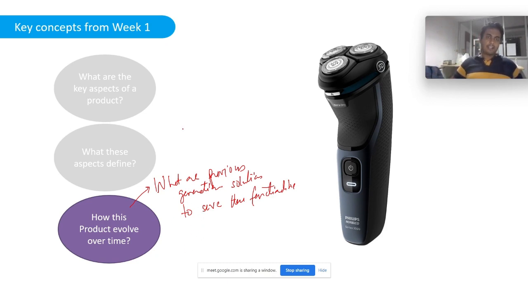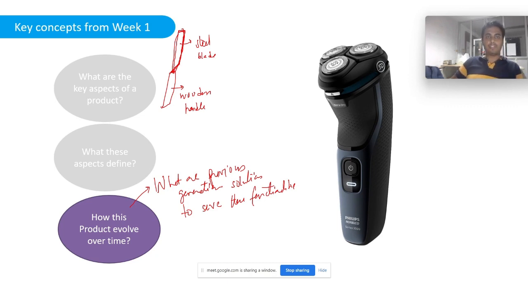In early days, if you go to the barber shops, you have a wooden handle and there is a steel knife, a wooden handle, and then we have a steel blade. I think only boys will know these things better.